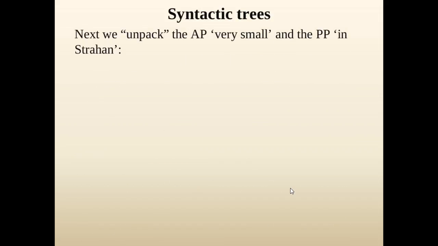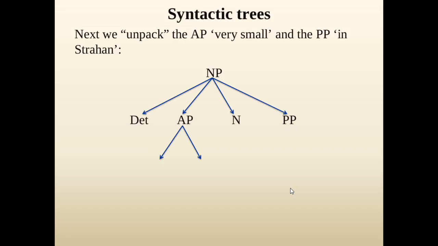And the AP consists of 2 elements, the adverb very and the adjective small, while the preposition phrase consists of 2 immediate constituents, the preposition in and the noun phrase Strom. This means that each of these branches into 2 arrows, each linked to the corresponding immediate constituents.